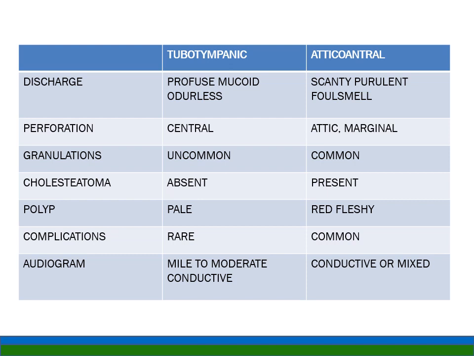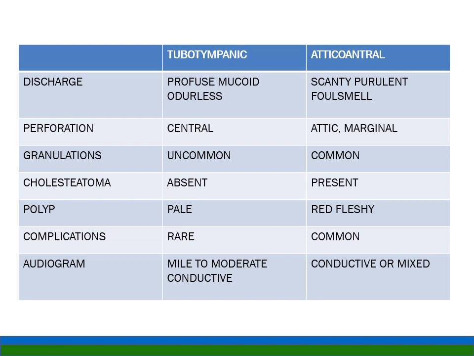In tubotympanic disease, the perforation will be central. In atticoantral, as the name suggests, it is either an attic or marginal perforation. Granulations in tubotympanic disease are very uncommon, and in atticoantral they are very common.